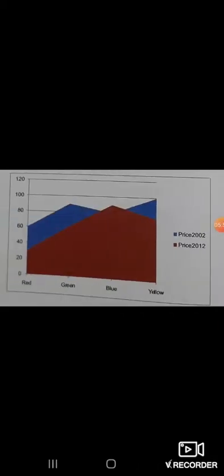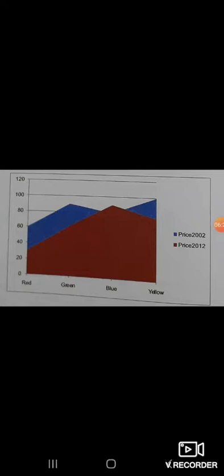Next is the area chart. An area chart is similar to a line chart. Instead of data point markers, the area beneath the line is filled with colors. In a line chart, the data are pointed with points and a line is drawn matching each point.